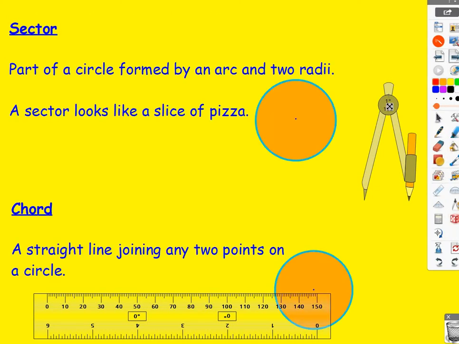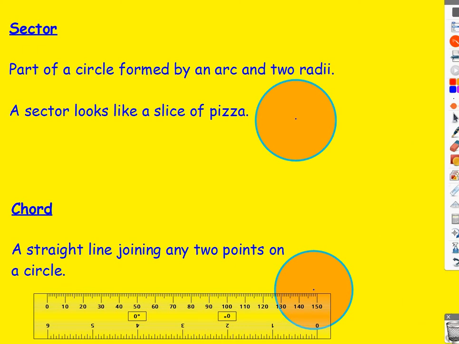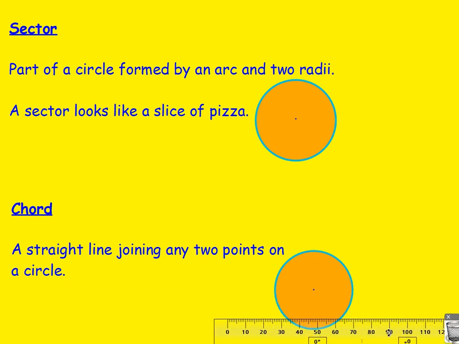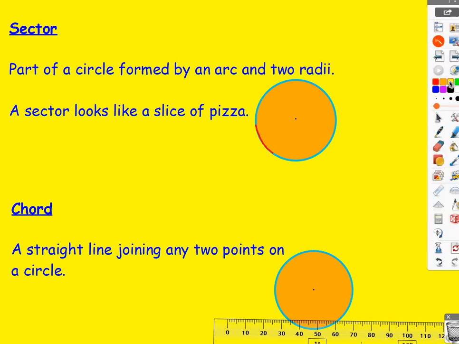And if we have a little look now at some of the other labellings, move that out of the way. So a sector is a part of the circle formed by an arc and two radii either side of the arc. So if we draw in an arc, it could be any length, draw in an arc there, and let me change the colour so you can see it.